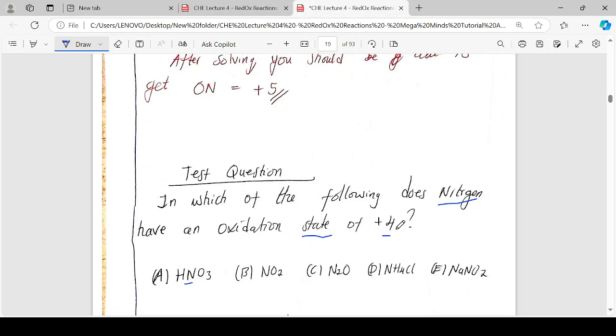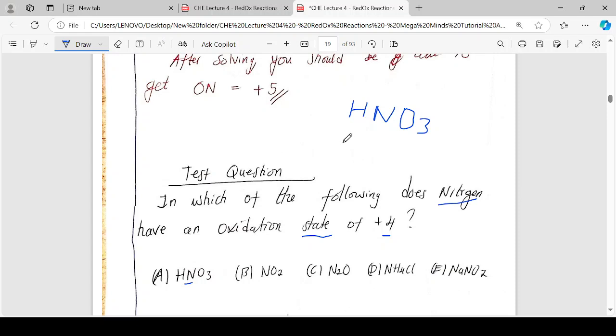If we find 4, then that will be our answer. So what we have is this acid.